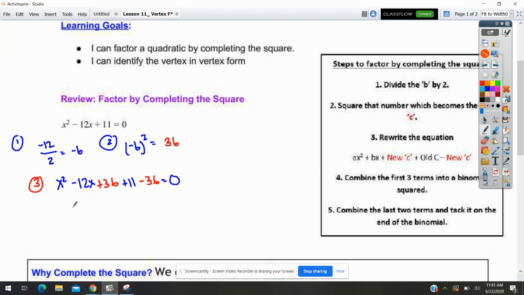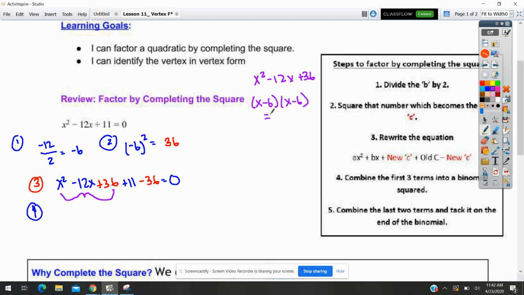Okay, step 4. You want to combine the first 3 terms into a binomial squared. So remember, we're going to factor our first 3 terms, because now we have this new c value so that we can factor. Remember, you're going to use the number that you got when you divided the b by 2. x squared minus 12x plus 36 factors as x minus 6 times x minus 6, because when you add them, you get negative 12, and when you multiply them, you get positive 36.